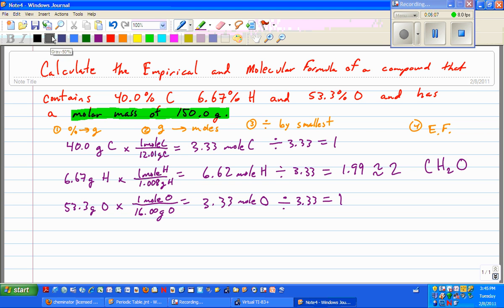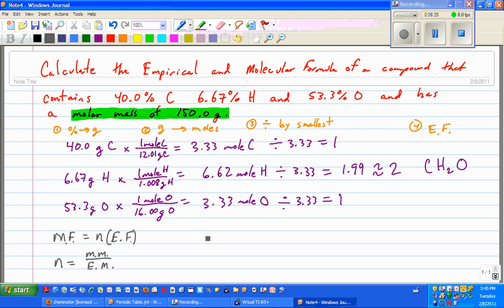In order to calculate the molecular formula, we know that the molecular formula is going to be equal to n times the empirical formula, which we now have. Problem is, we don't have n. So n, we know, is going to be the molar mass divided by the empirical mass.